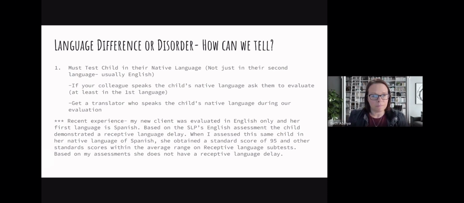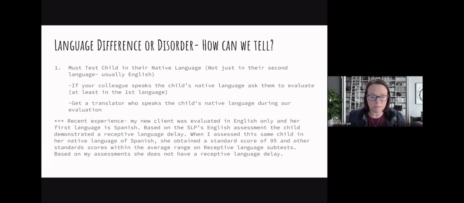One of my most recent experiences is a new client who was evaluated by a speech pathologist in her school in English only, and her first language is Spanish. Her mom and dad only speak Spanish at home.